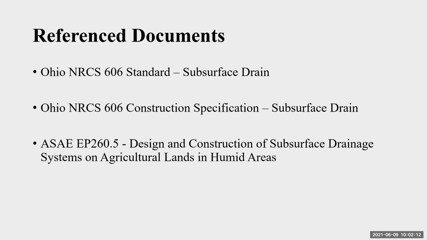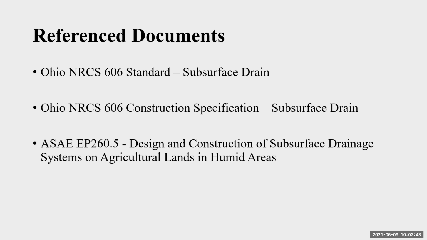We'll start off by going through these three reference documents that I've used for this PowerPoint. The first two are documents created by the Ohio NRCS. The first one is their 606 practice standard. This contains all their typical design information. And then the second one is the 606 construction specification, which again is the typical construction details and requirements needed for the installation of subsurface drainage pipes.